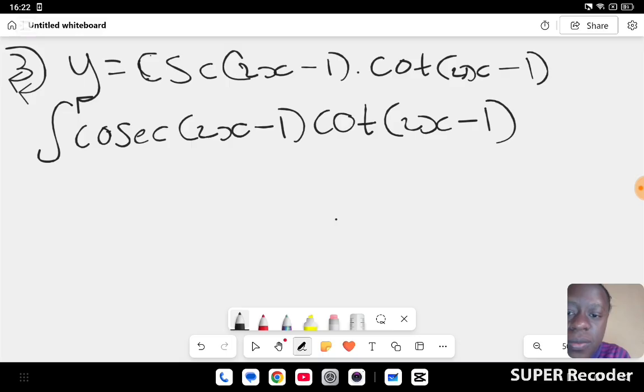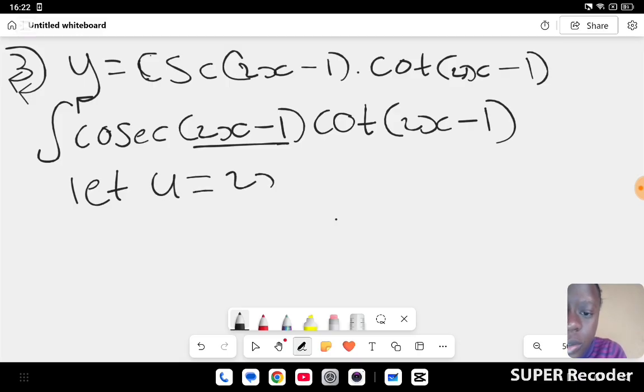So we have to let these be equal to u. Sorry, let u equal to 2x minus 1.